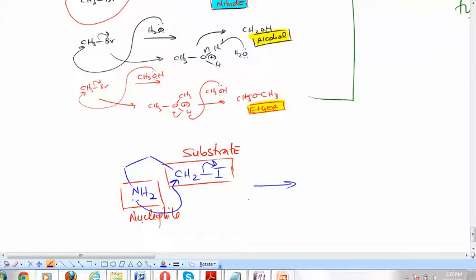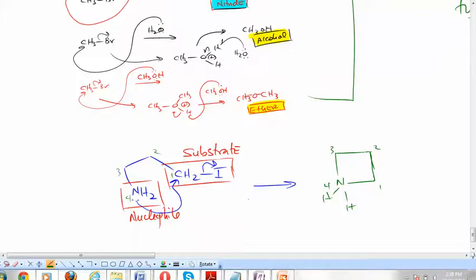Now, the best way to do this is to count the carbons. So we can call this guy 1, this guy 2, 3, 4, and this would be 1, 2, 3, 4.